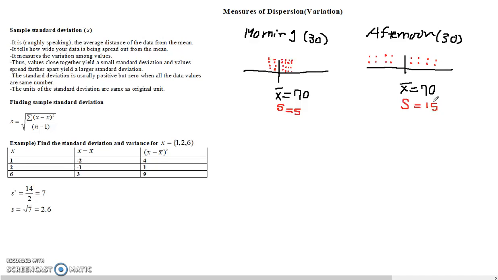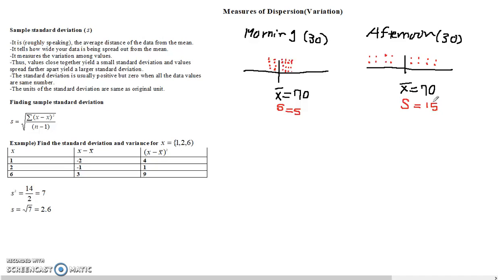The morning class is compacted around the mean, and the afternoon class is much more spread out from the mean. So when you make some kind of decision based on this type of analysis, standard deviation gives you a good idea how the given data is forming around the mean.